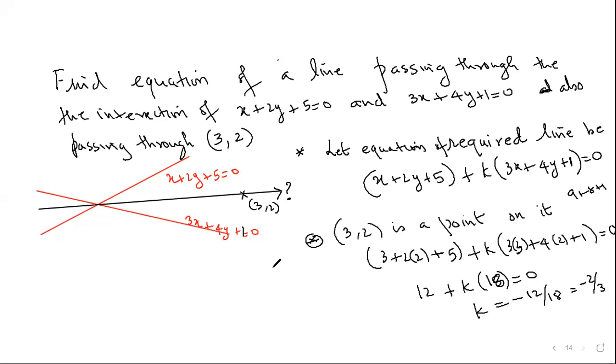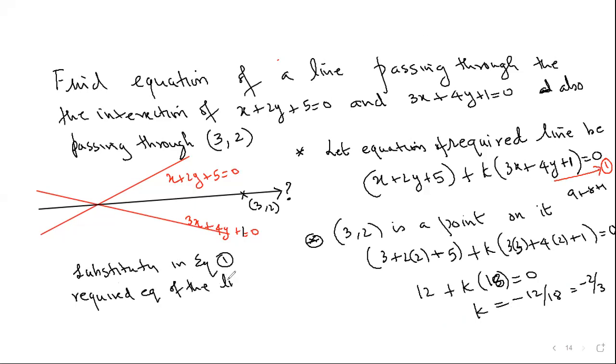Call this equation 1. Substituting k in 1, the required equation of the line is x plus 2y plus 5 minus 2 by 3 into 3x plus 4y plus 1 equals 0.